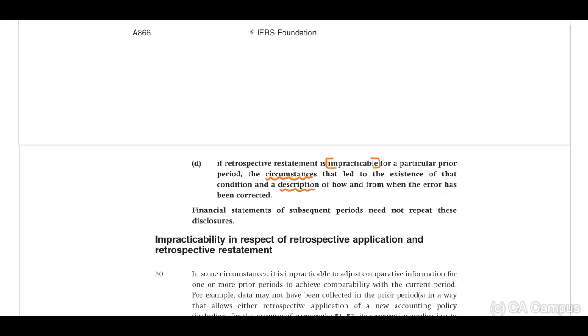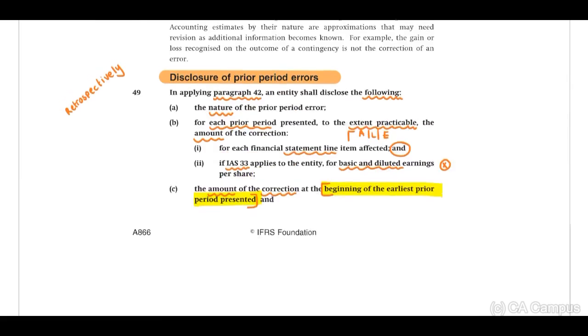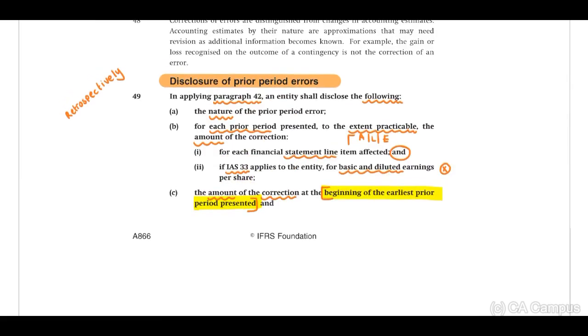Financial statements of subsequent periods need not repeat these disclosures. Now, when we look at this, we need to include the nature of what happened, and then for each prior period presented, the amount in terms of each financial statement line item affected.